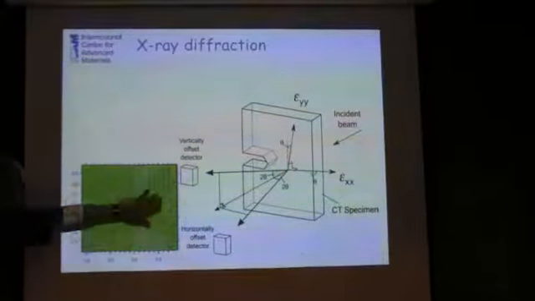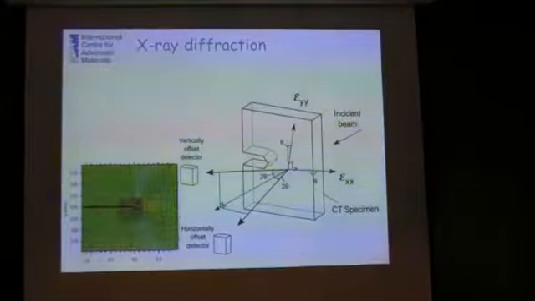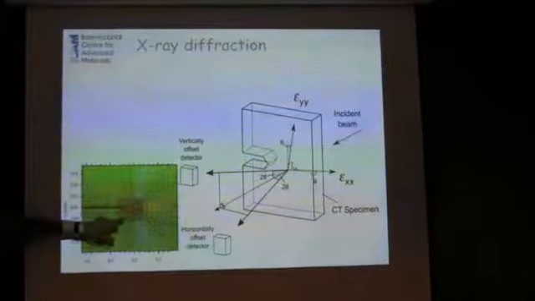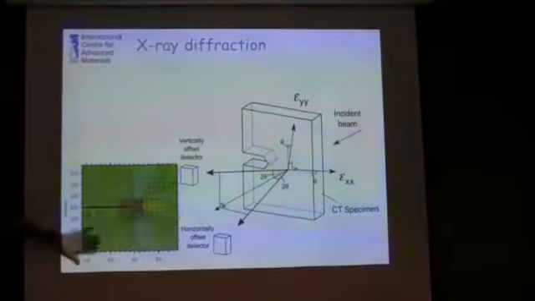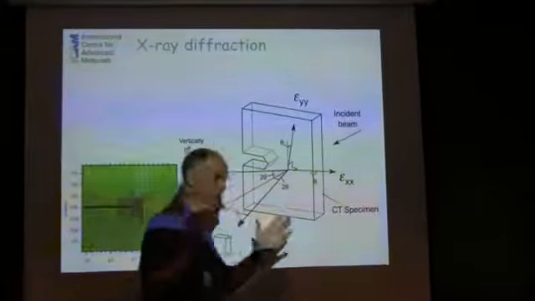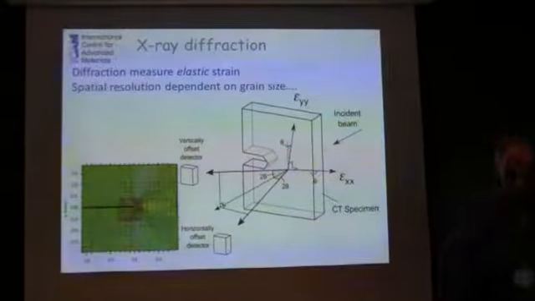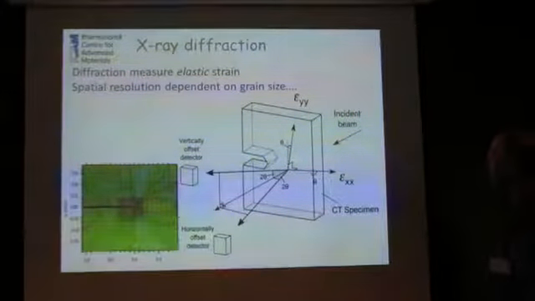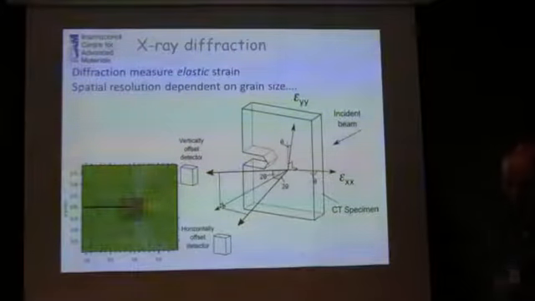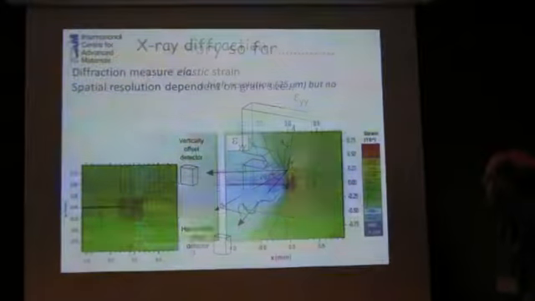So as we move the sample, we can take a whole range of measurements around the crack tip. In fact, we're using very small spacings, maybe in this case I think 60 microns. So we can scan in 60 micron increments where the crack is, and we can scan in larger field. We can make measurements further afield to get far field measurements. Okay, so that's our setup, and because we can apply a load here, we can do any load we like. We can do Kmax, Kmin, or anything in between.